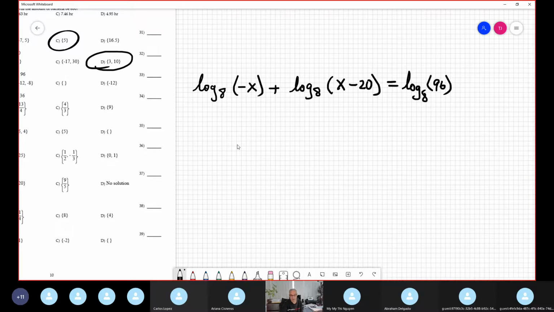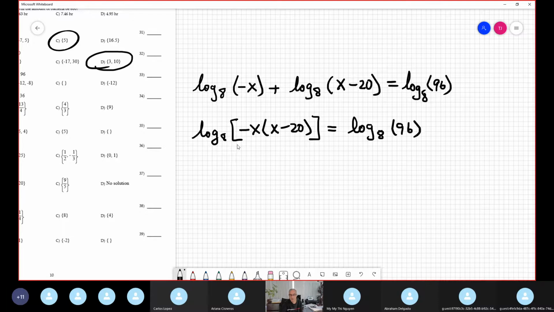Therefore, when you condense this and this together in one logarithm, of course, you have negative x times x minus 20 equals logarithm base 8 of 96. Again, the same situation happens: when you have two logarithms with the same base, it's because the argument is the same.